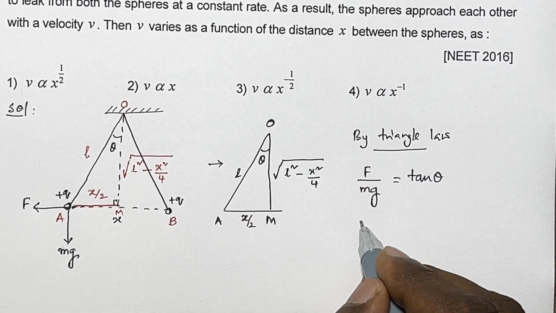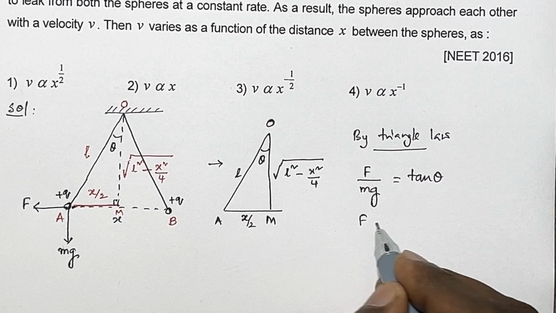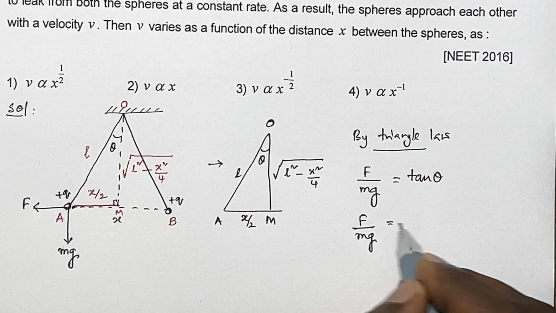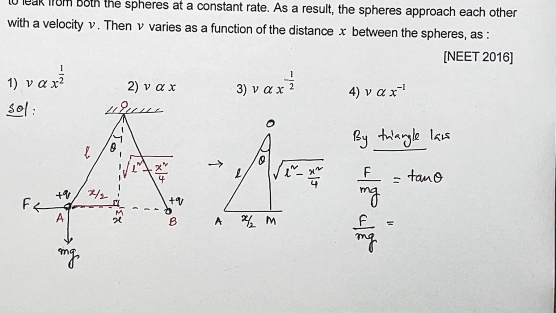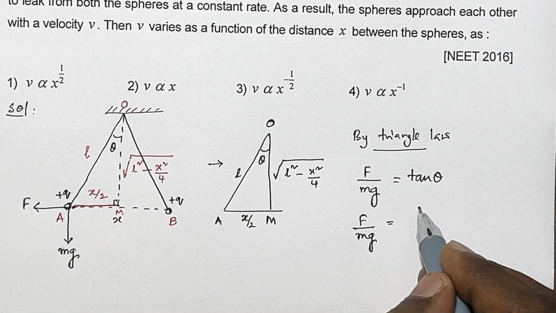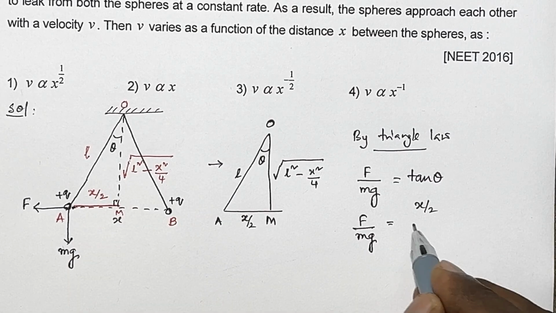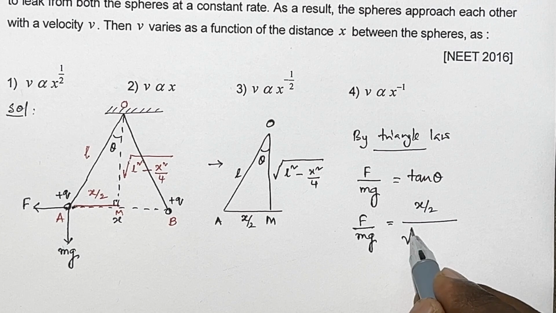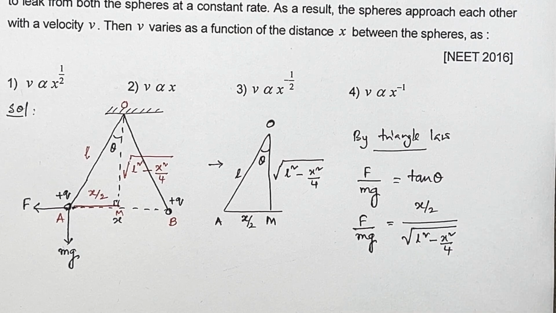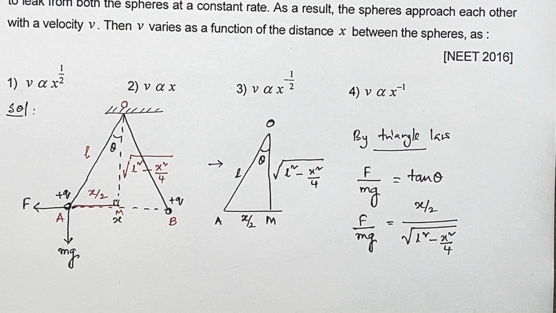So F by mg is equal to tan theta, opposite side by adjacent side, so x by 2 by root of L square minus x square by 4. So like that it comes.